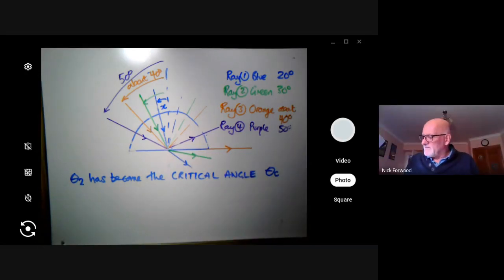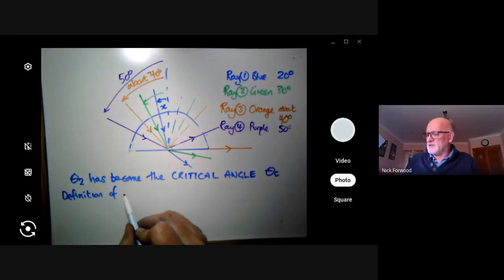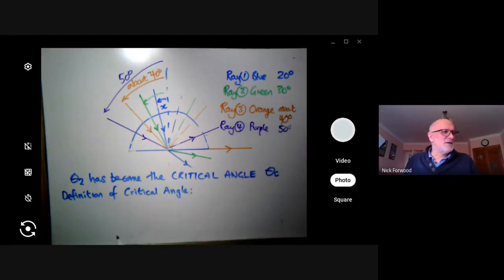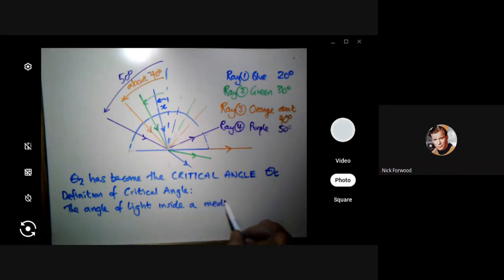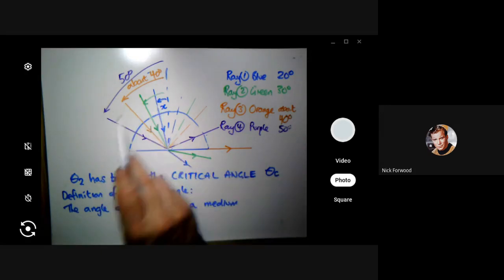And what's the definition? The definition of critical angle is the angle of light inside a medium. So the light here is inside, not really interested in this bit outside because it's all straight anyway.